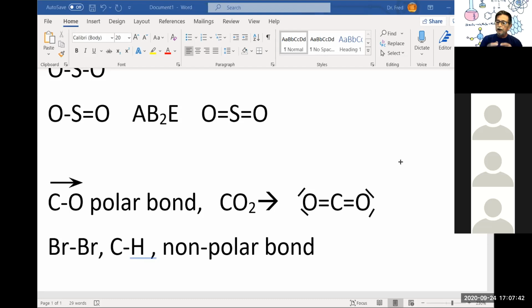Now, having said that, can you predict if carbon dioxide is polar or nonpolar? Polar? Yeah. Okay, we got 1 polar, and we got 2 polars, 3 polars. Okay. Negative 20 points. No.